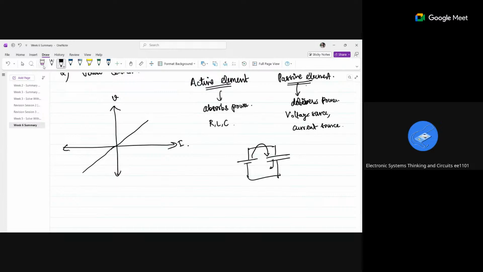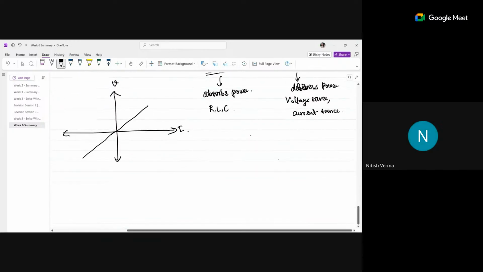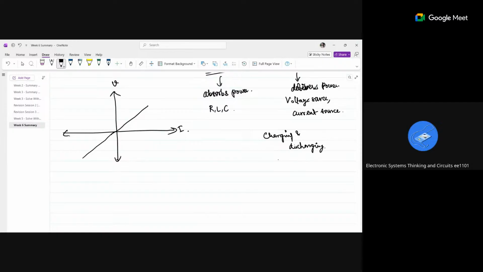This same scenario also happens with a battery. No, a capacitor comes under charging and discharging. That is separate from a battery, so a capacitor has separate principles.